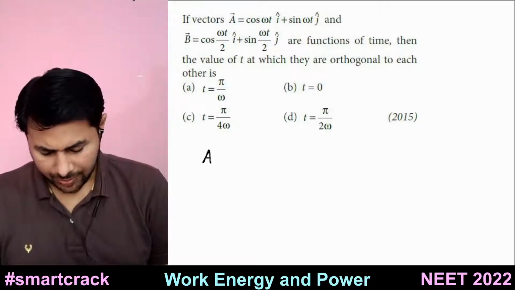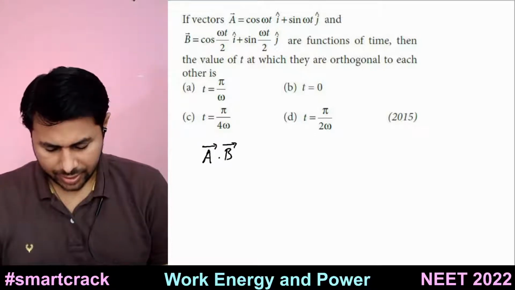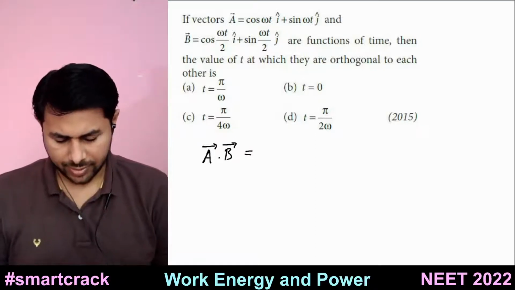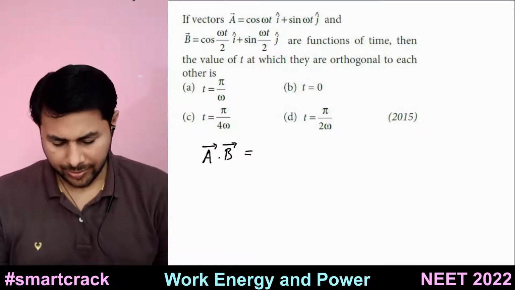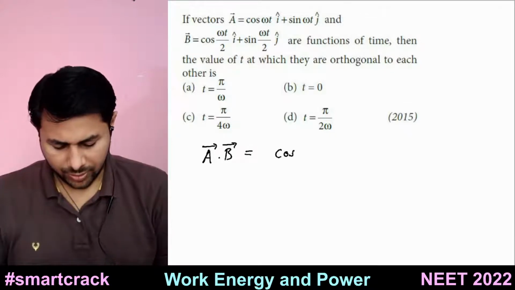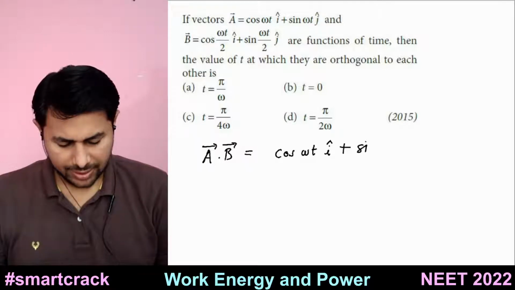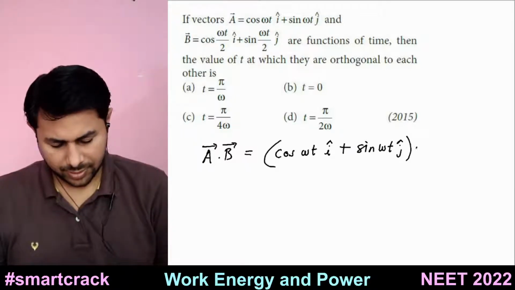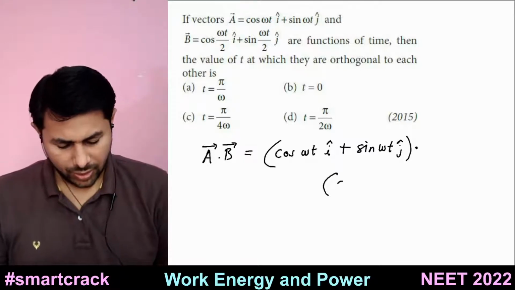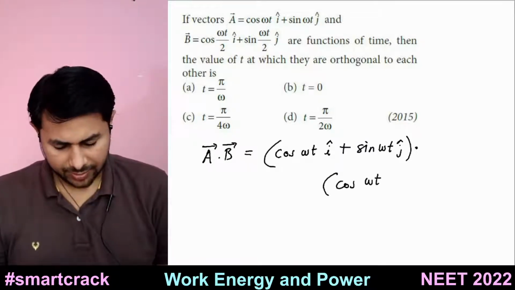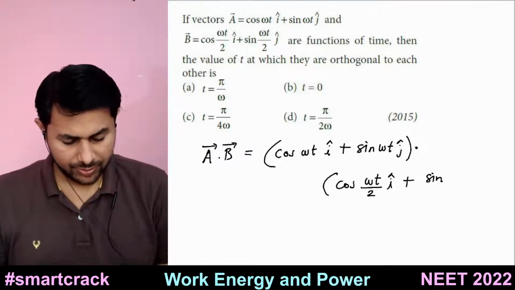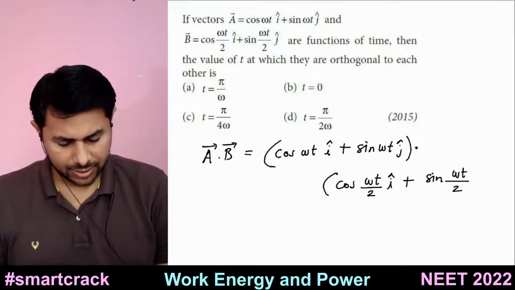So a bar dot b bar should be equal to what? 0. So let's find out a bar dot b bar first. So it is cos of omega t into i cap plus sine of omega t into j cap, dot cos of omega t by 2 into i cap plus sine of omega t by 2 into j cap.